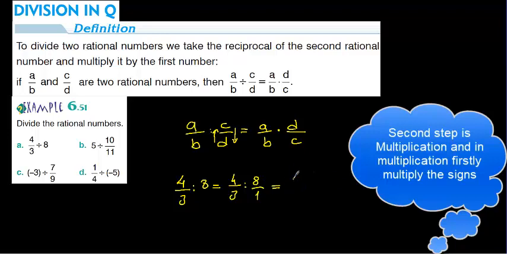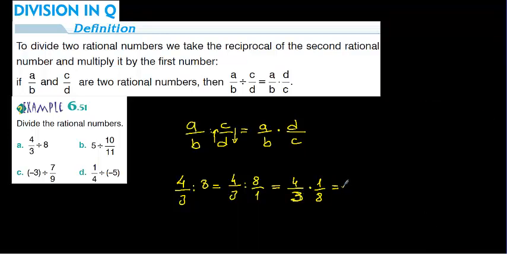And 4 over 3 times, now 1 goes up, 8 goes down, and it's equal to 4 over 3 times 1 over 8. And 4 over 24, when you simplify by 4 from both of them, the answer is going to be equal to 1 over 6.